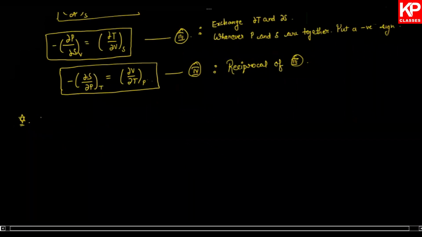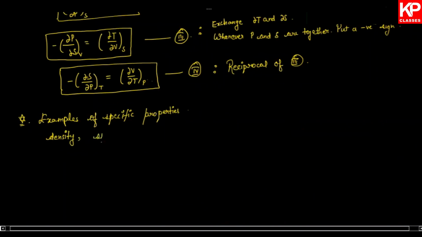So some common examples, I'm just writing them down. Please note them. Examples of specific properties. These are some of the most common ones. Mainly the question is not directly asked to give examples of specific properties, but you should have some idea. Density is one of the most common examples.